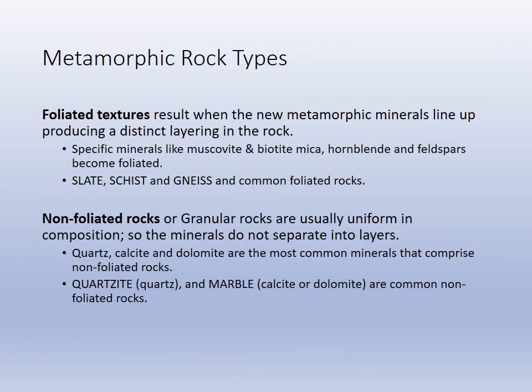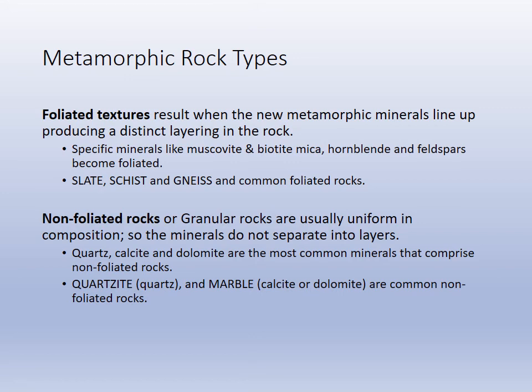Foliations tend to occur when you have muscovite or biotite, micas, hornblendes, feldspars. Granites tend to foliate. They form layers when they are metamorphosized. Precipitates tend to, like quartzite or marble, non-foliate. Slate comes from the metamorphism of shale.